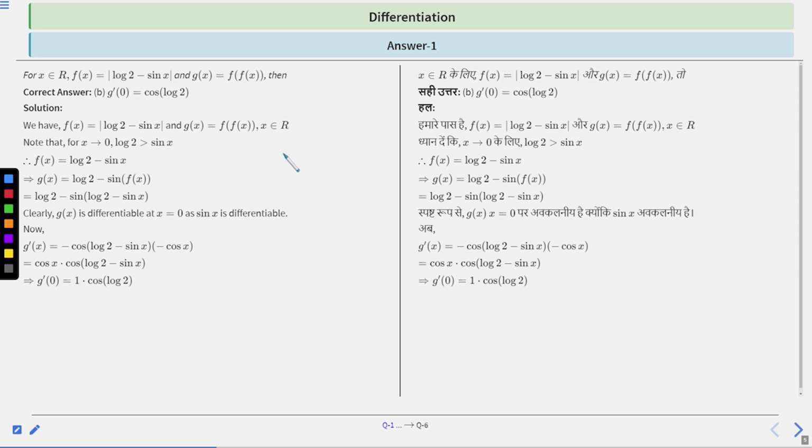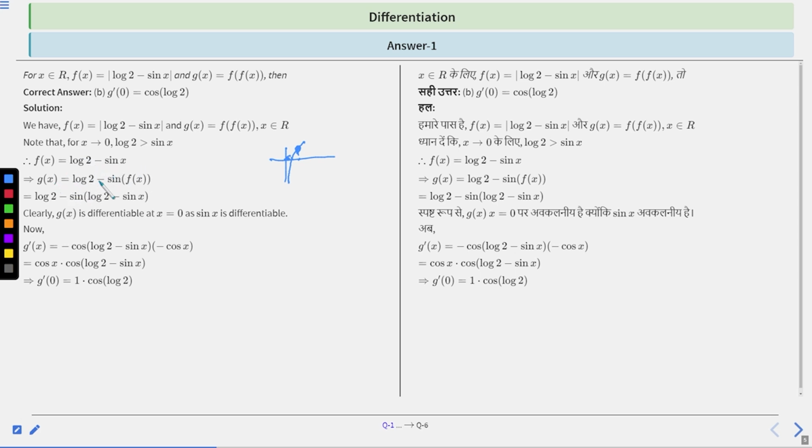We know this because the graph of sin x is like this, x tending to 0, and the graph of log is like this. So log 2 is more than sin x. Therefore, f(x) will be equal to log 2 minus sin x, right?